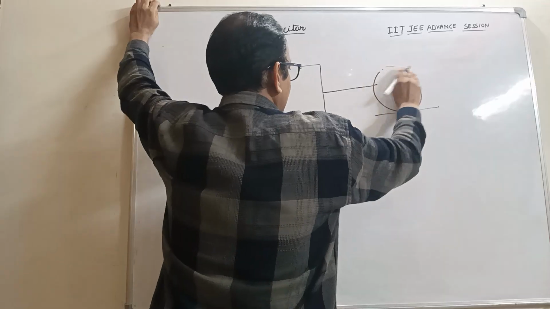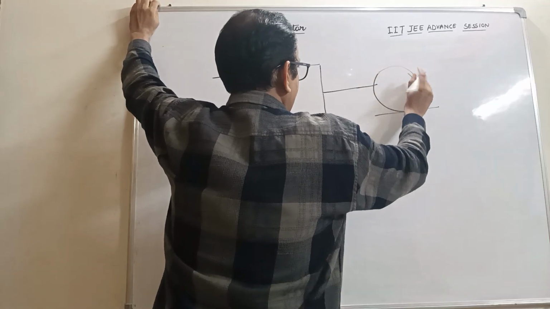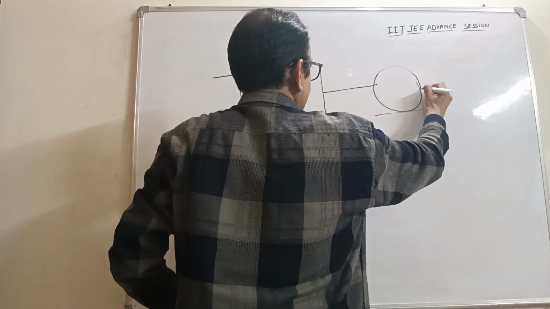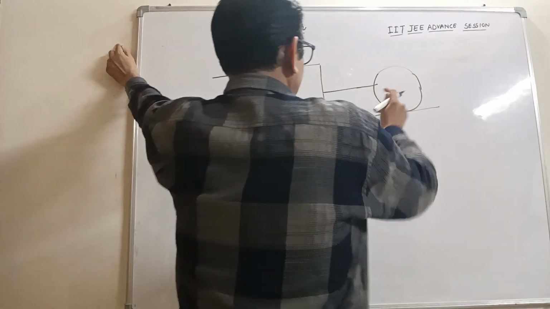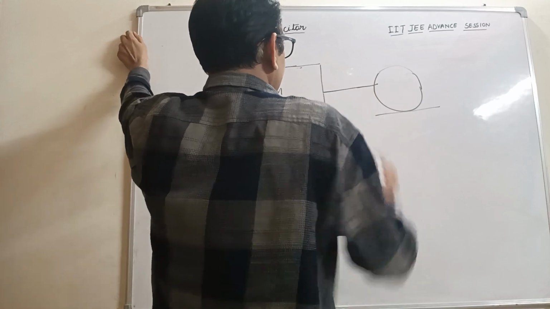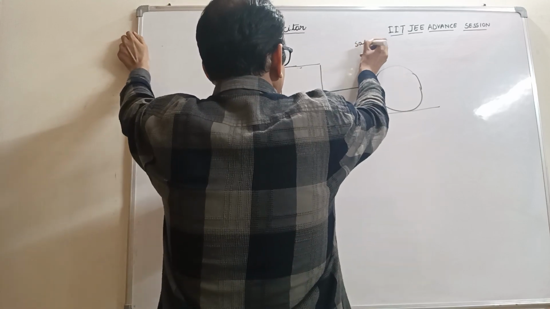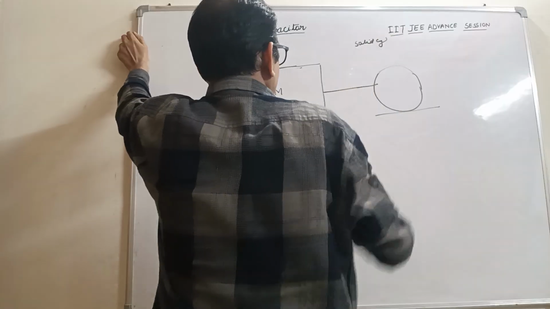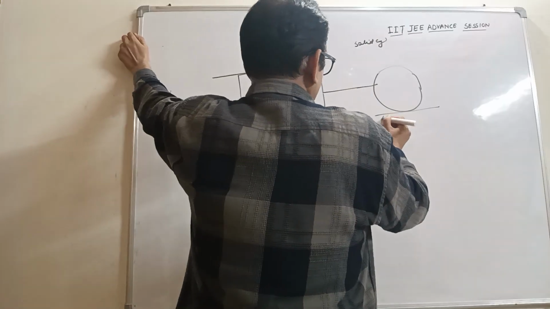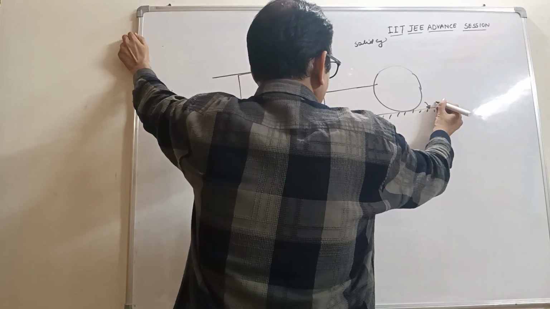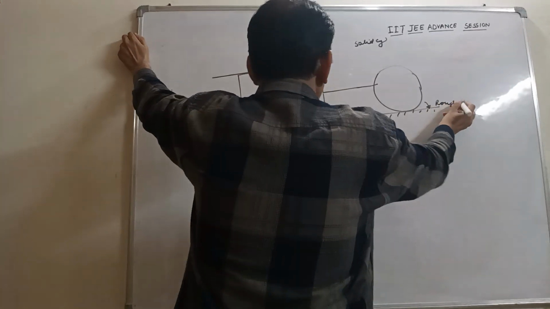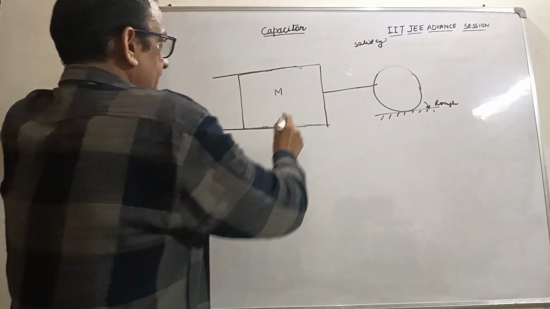This is a solid cylinder placed on a rough surface, where friction is present, and it is pulled.